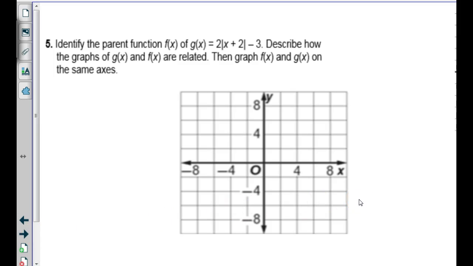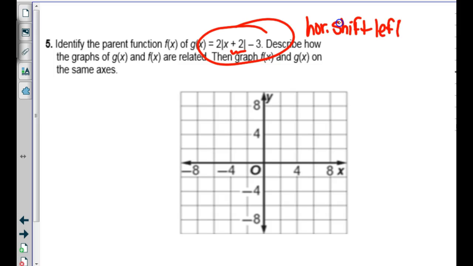All right. Can we try this one? How about just give me the words, describe it. We won't even try to draw it. What happens? The absolute value is. First thing you have to tell me is what's inside here. So what's this doing? Horizontal shift left 2.